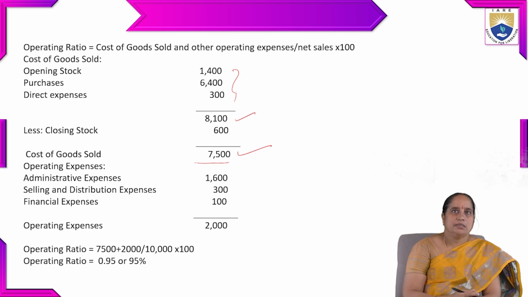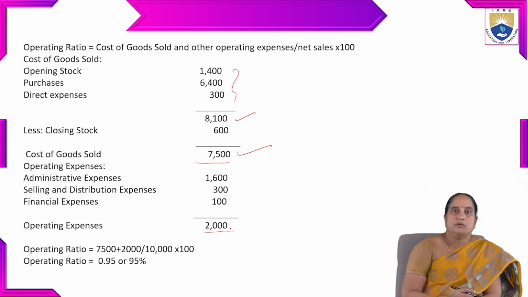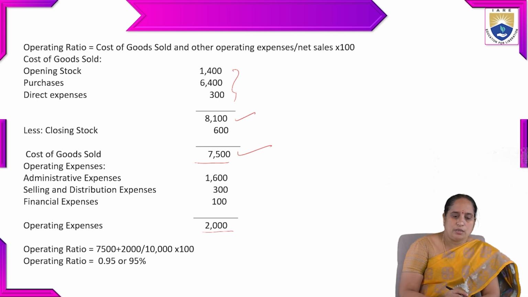Then coming to the other operating expenses, we have been given administrative expenses amount 1,600, selling and distribution expenses 300, financial expenses 100. If you add these three, we get operating expenses. The amount is 2000. Now substitute in the formula.